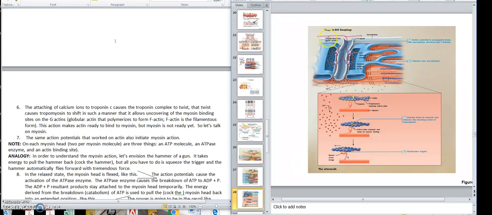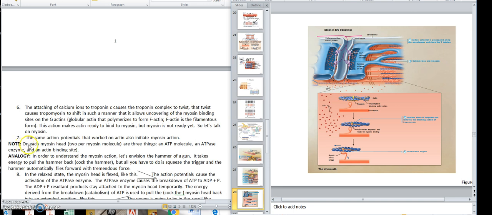So here are the action potentials coming down into the T-tubule. Here you're opening up these calcium release channels. The calcium shoots out and goes into the cytoplasm. Some of it attaches to troponin C, and when it attaches to troponin C, it shifts the troponin complex, shifting tropomyosin off of the myosin binding sites on actin.